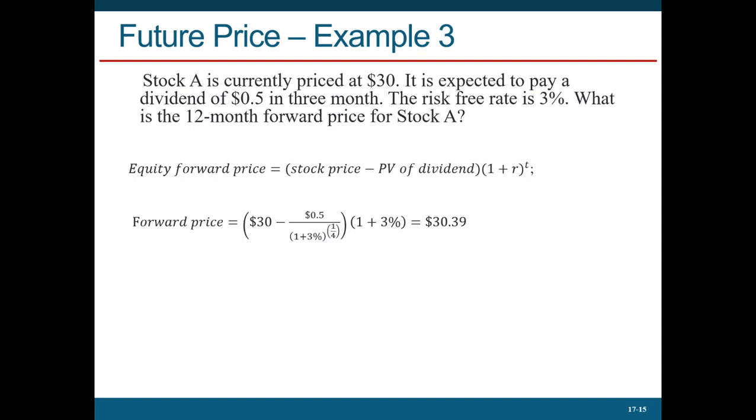Well, T here is 1/4, because the dividend will be paid in 3 months. So you discount this dividend 3 months from today. So it's 0.5 divided by (1 + 3%) raised to the power of 1/4. Then you multiply the entire term by (1 + 3%) raised to the power of 1, because it's a 1-year forward contract. So that will give you $30.39 for the forward price for the stock futures contract.